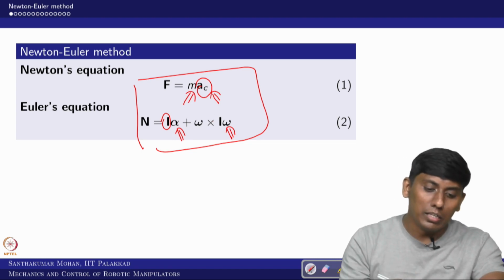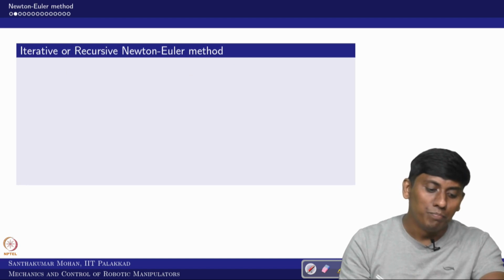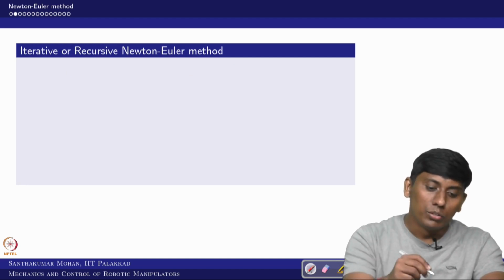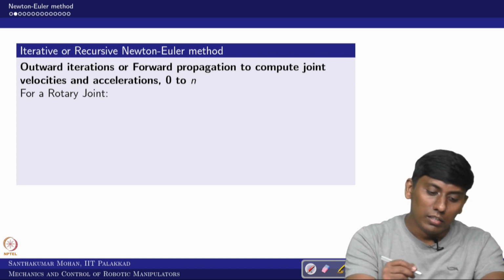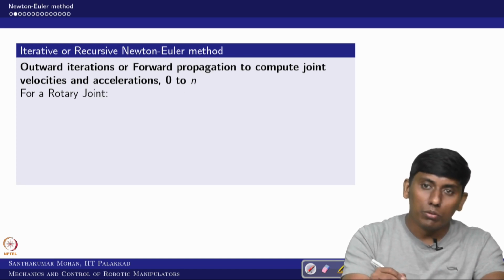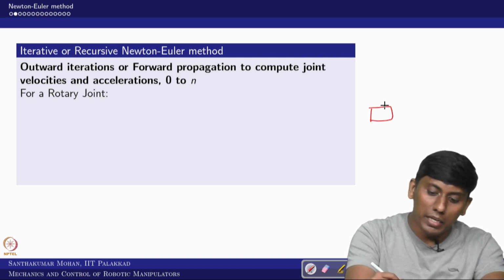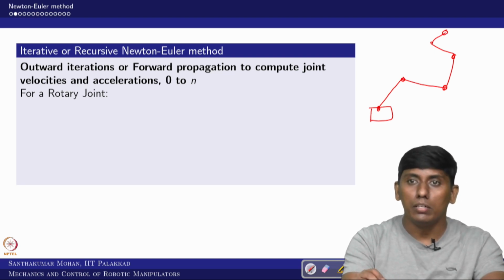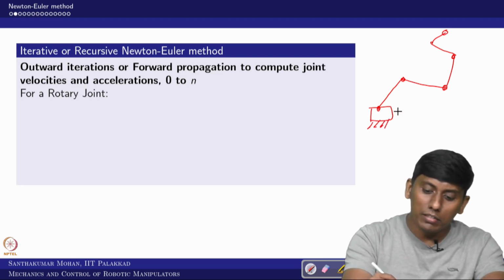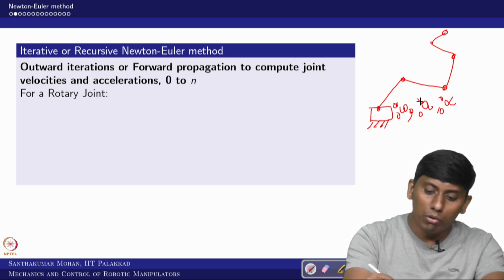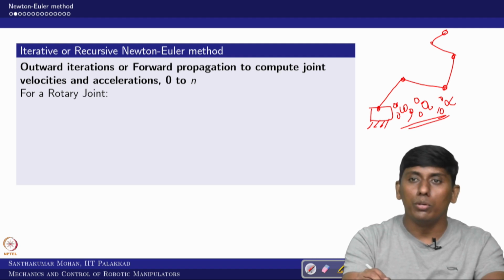Now based on this equation, we can make an iterative one. Here iterative is different. What that means is we will start from the base. I am trying to show that these are a number of bodies. The base velocities, angular velocity and acceleration alpha, are all zero.